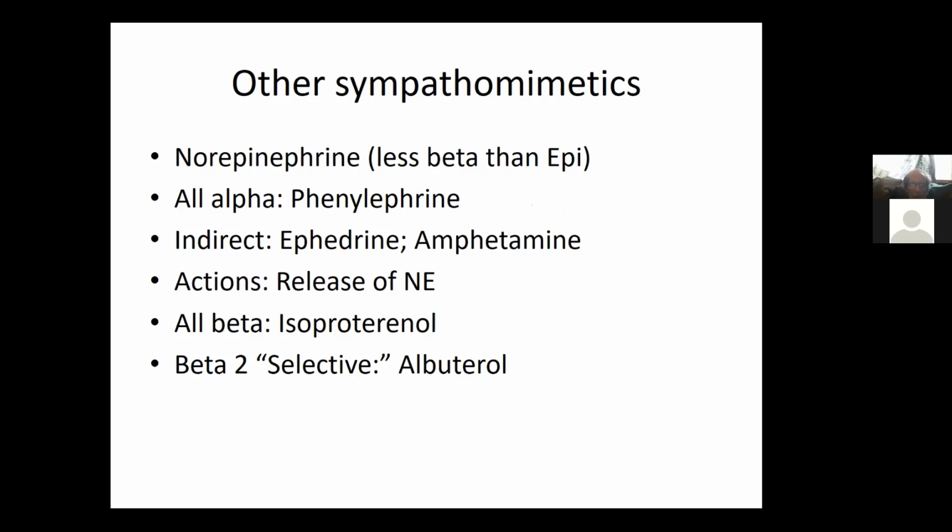Now, next on the slide, you see indirect acting sympathomimetics, such as ephedrine and amphetamine, which we were talking about a little bit earlier. So this is where this sort of difference in meaning indirect relative to over on the parasympathetic side.